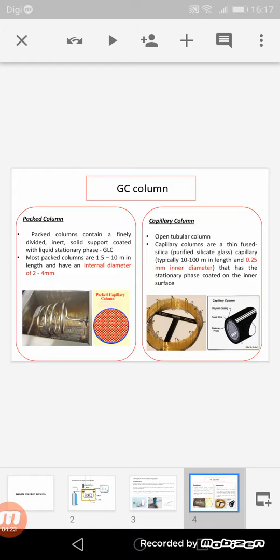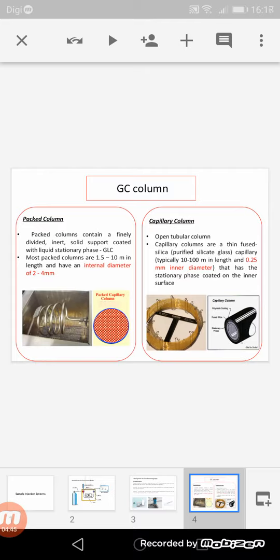When we talk about the GC column, the most common ones are the packed column and the capillary column. Packed column consists of a finely divided inert solid support coated with liquid stationary phase, and the internal diameter is between 2 to 4 millimeters.